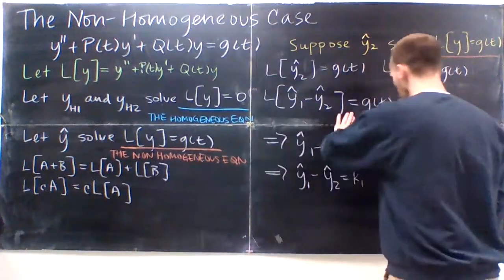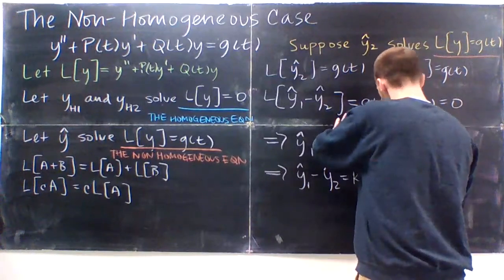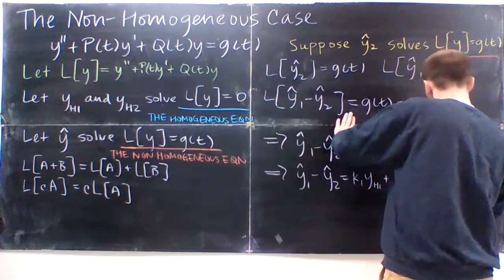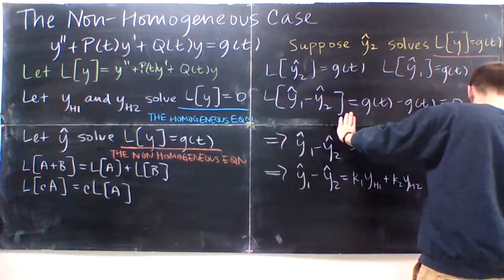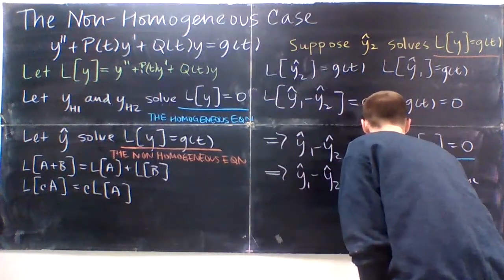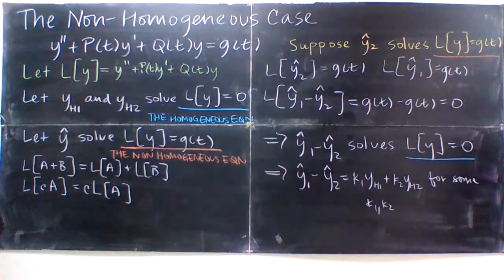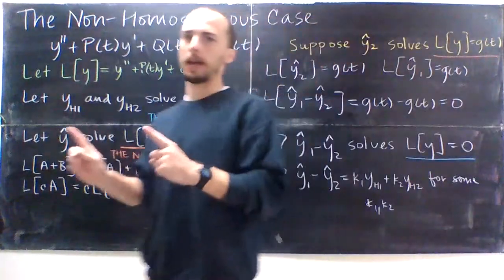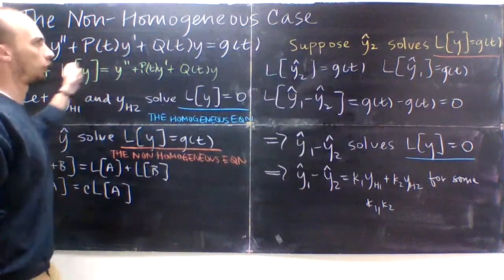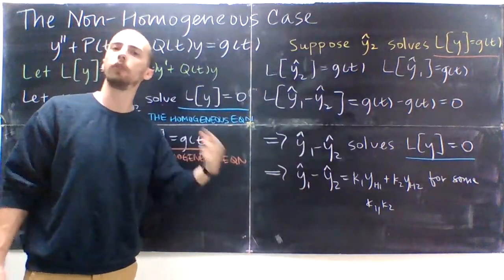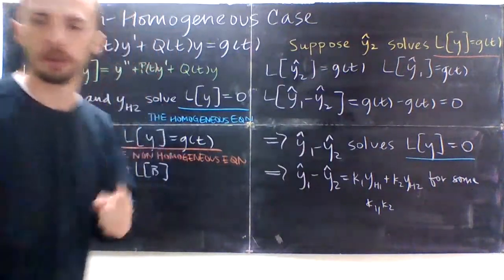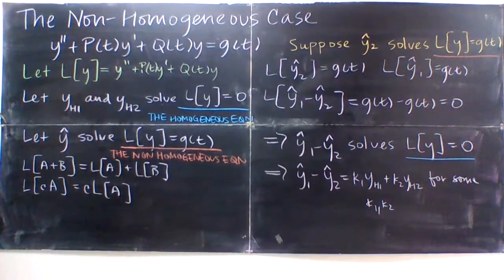So k1 yh1 plus k2 yh2 for some k1 and k2. All right? Which means that if I have one particular solution that solves the non-homogeneous, and I know the solutions to the corresponding homogeneous differential equation, I've got the general solution. That's what I've been building up towards.